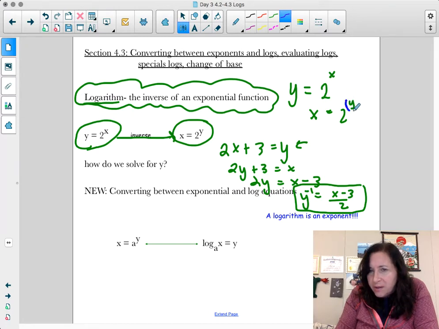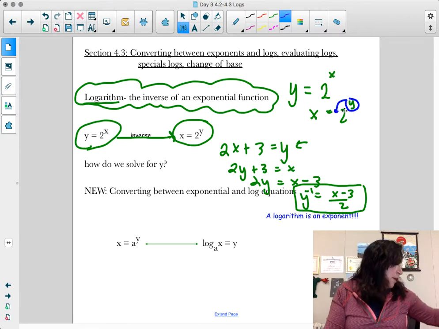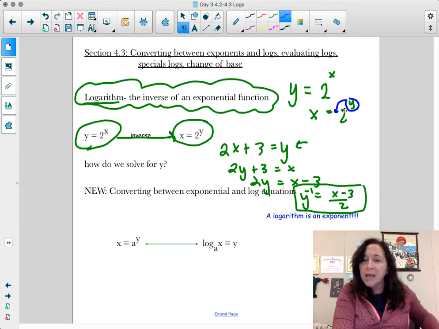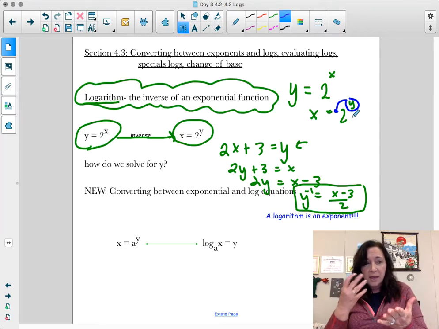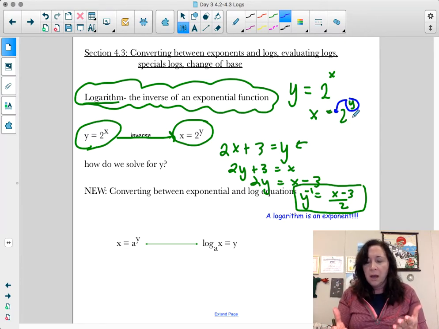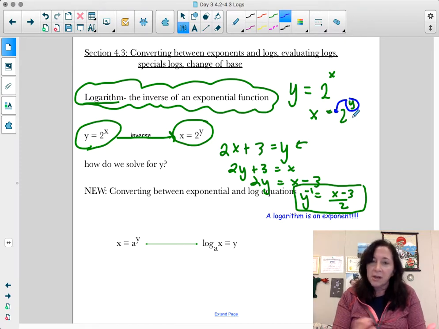In order to take this exponent out of the exponential power, I would have to pull it forward. And in pulling it forward, what ends up happening is I'm taking the log of both sides. Remember, the inverse of a log is an exponent, and the inverse of an exponent is a log.